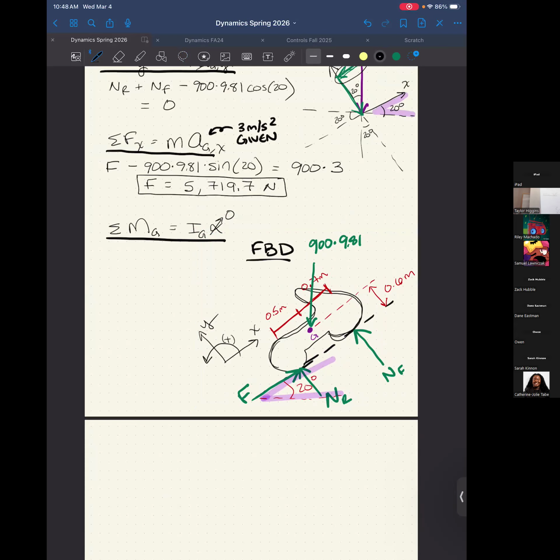Z sets that direction. Which force do you want to deal with first? Friction. So what's the moment caused by friction?